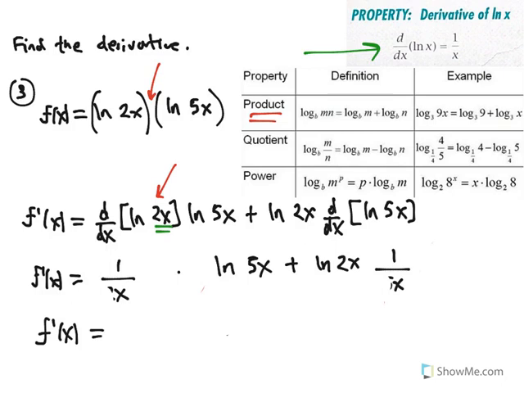So you get natural log of 5x over x plus natural log of 2x over x. And since you have a sum of two fractions with the same denominator, you may rewrite that as follows. And this would be the final answer for this problem.